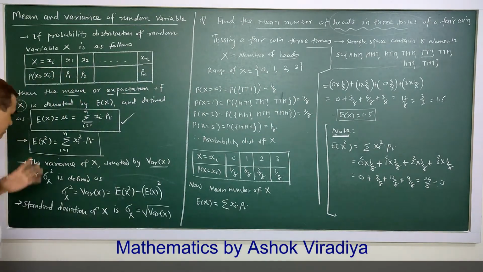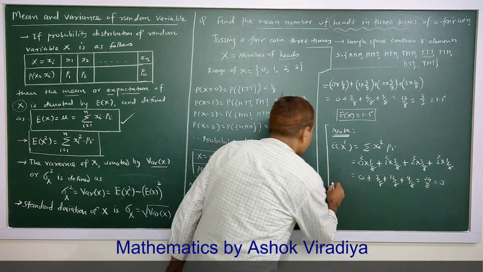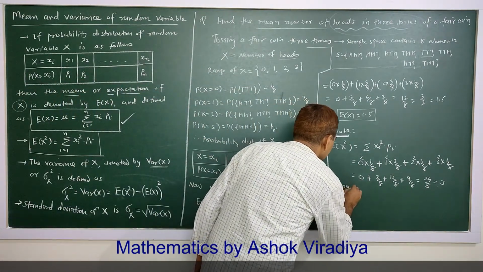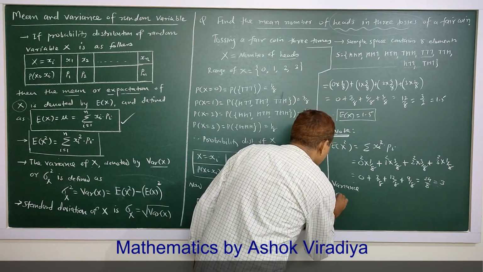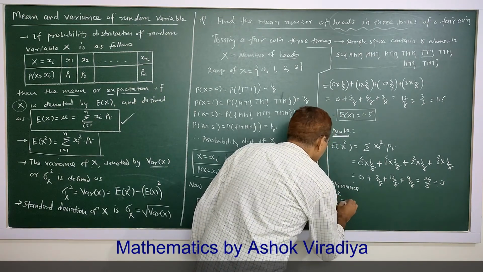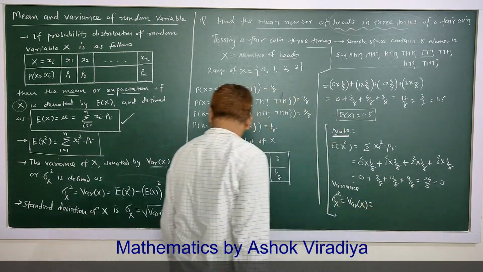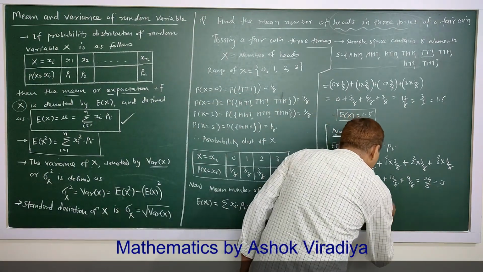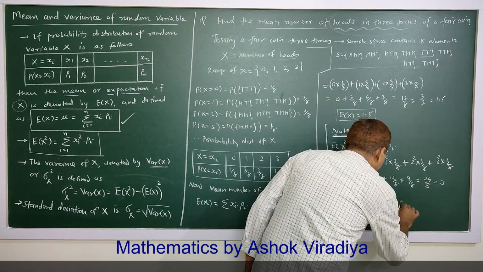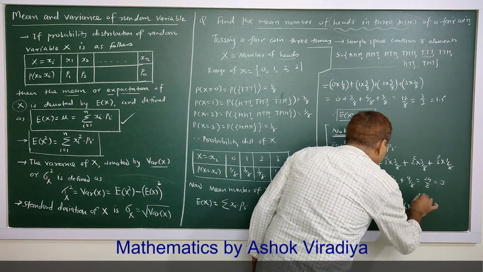So this is found. Now the variance formula: variance of x, sigma x square, is equal to E of x square minus E of x whole square.